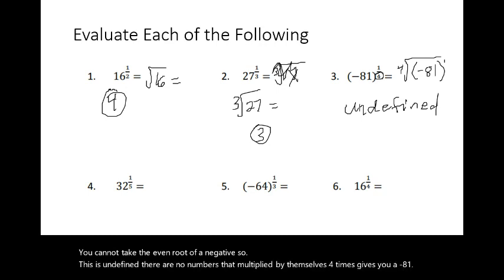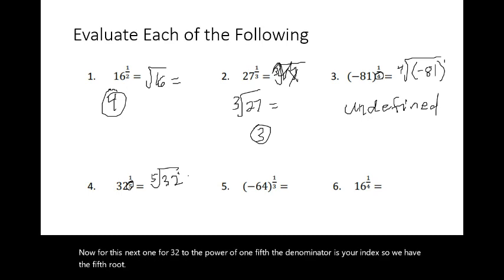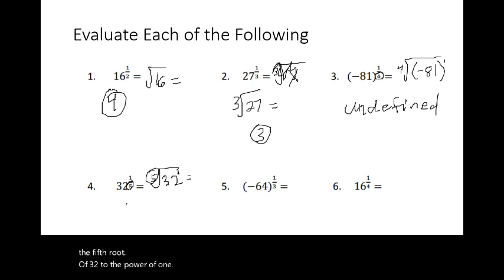Now for this next one, for 32 to the power of 1/5, the denominator is your index, so we have the 5th root of 32 to the power of 1. So what number times itself 5 times gives us 32? The answer is 2.